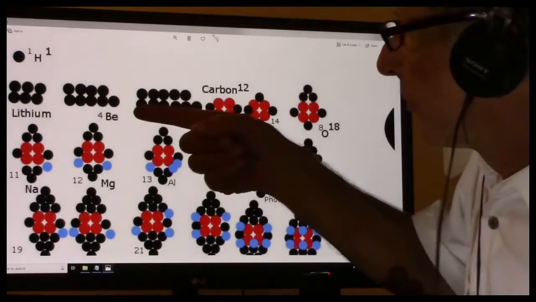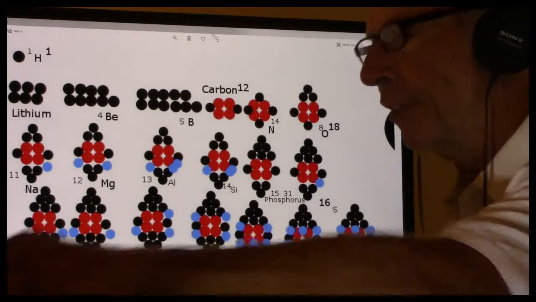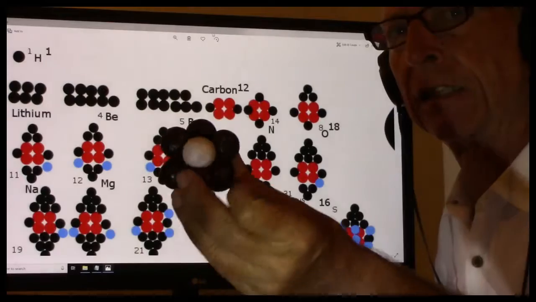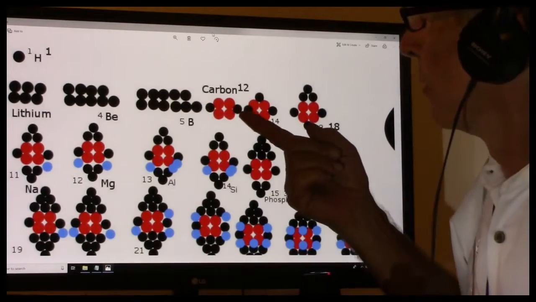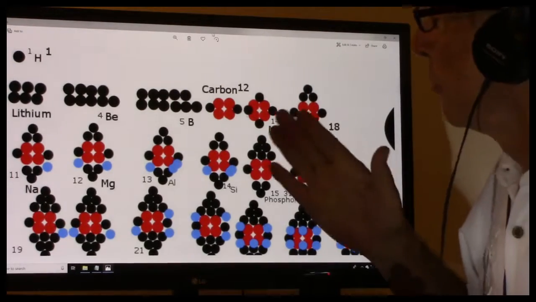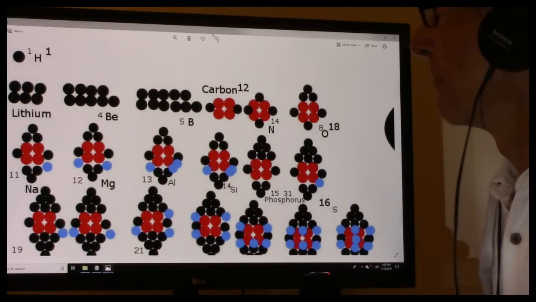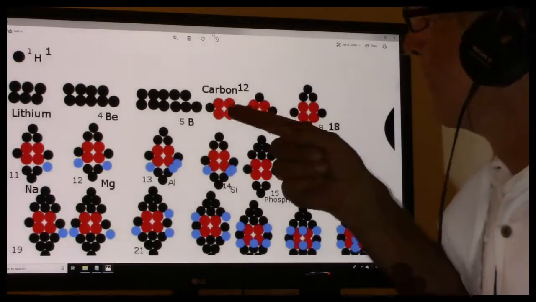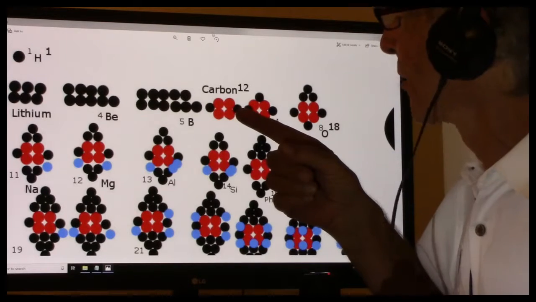And then as you get up to the heavier elements, you get carbon-12, and that has this cube at the center. And then it has these 4 red circles in the periodic table. That means there's 2 layers by 2 layers in a cube that's 2 layers high. So there's 8 protons and neutrons, 2 protons, 6 neutrons.